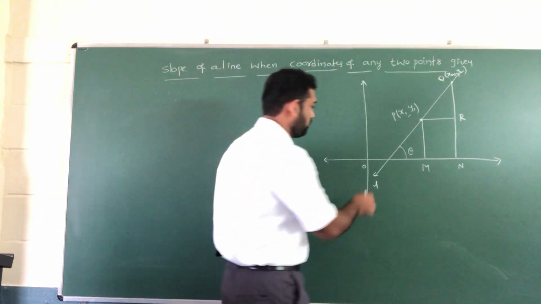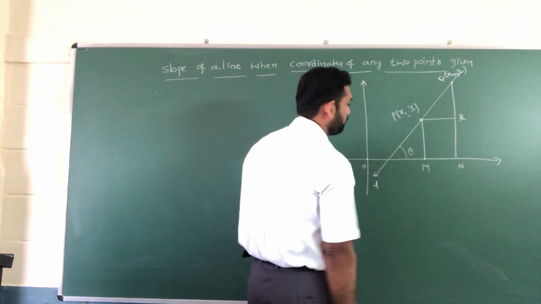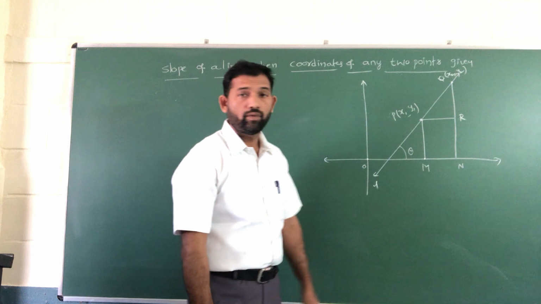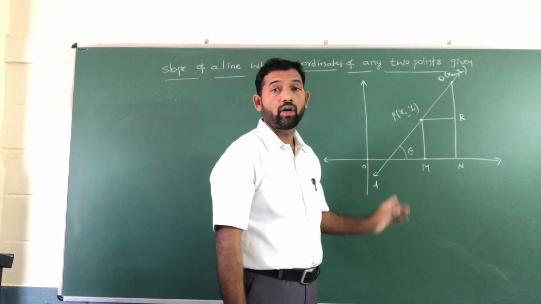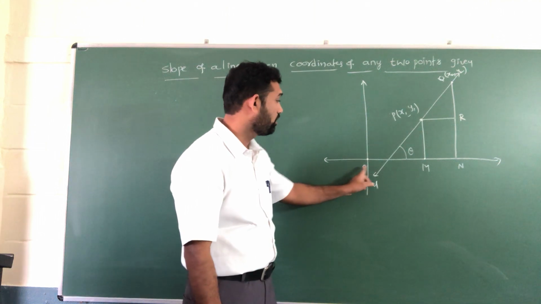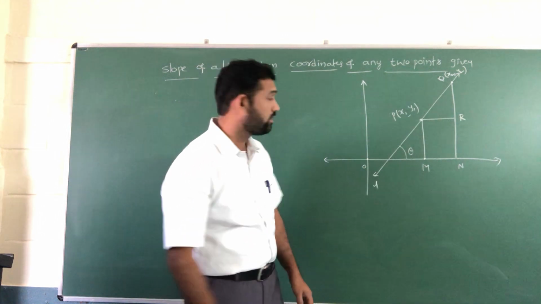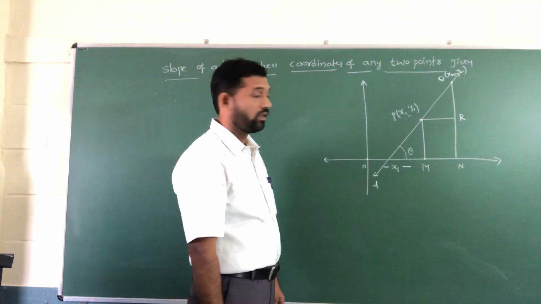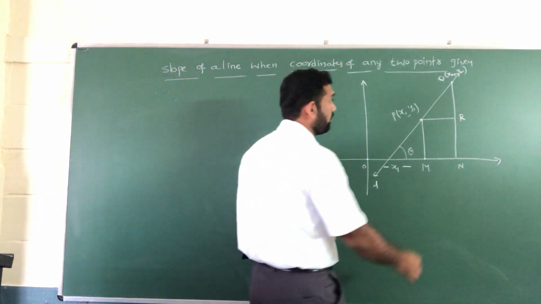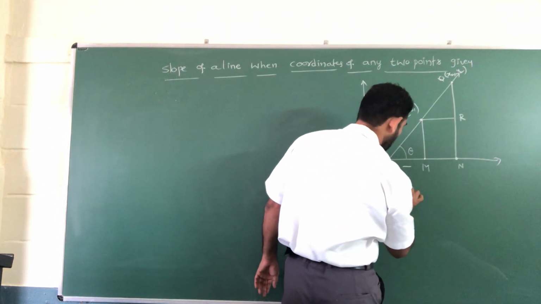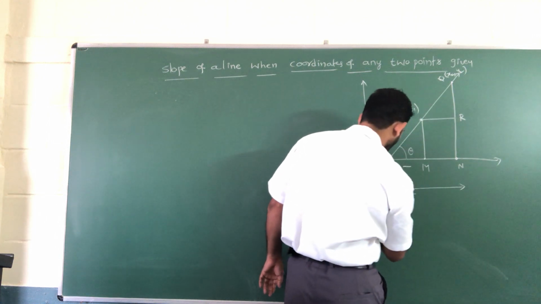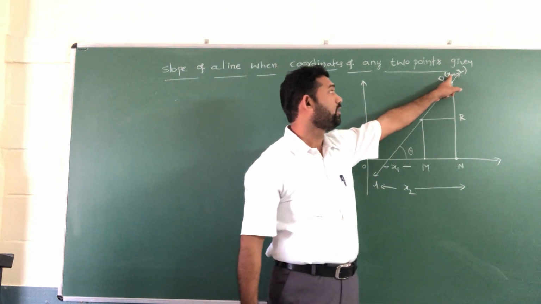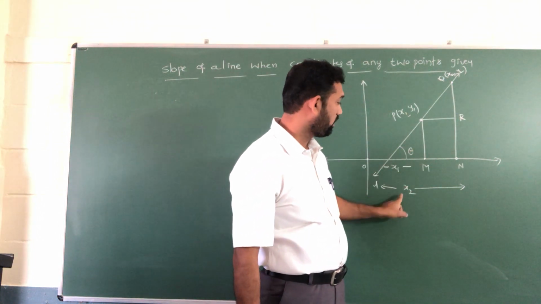From here to here, what does this indicate? The OM value is the distance from the origin to M on the x-axis, which is x1. Next, the origin to N distance is x2. So on the x-axis, this denotes x2 and this denotes x1.